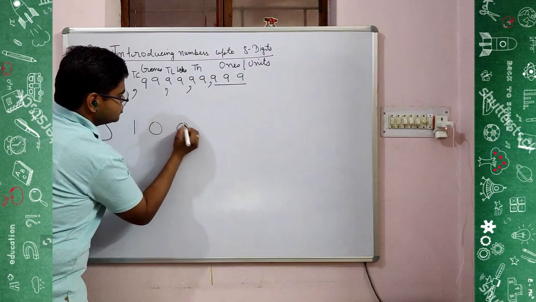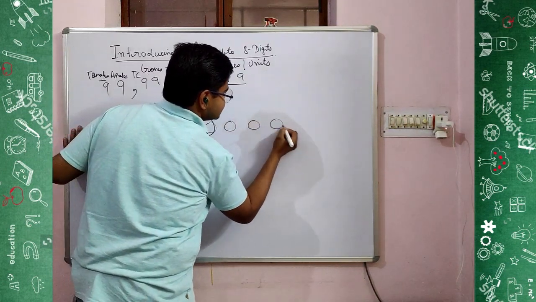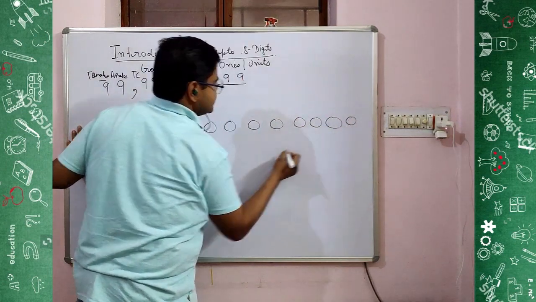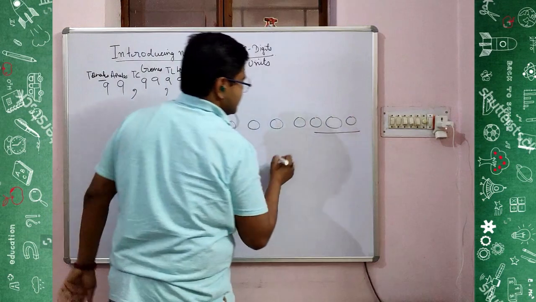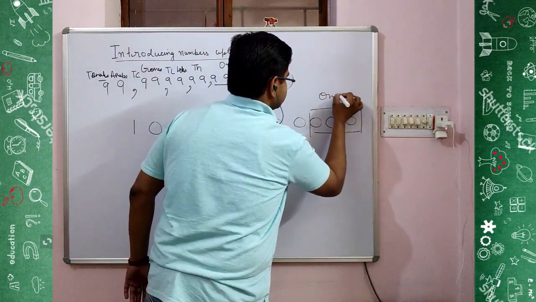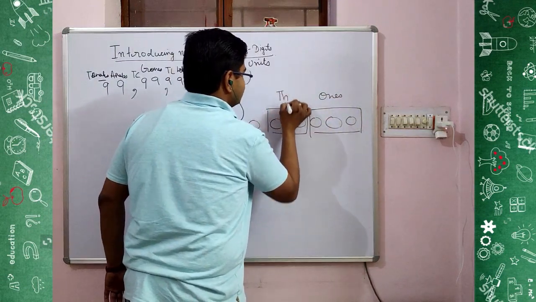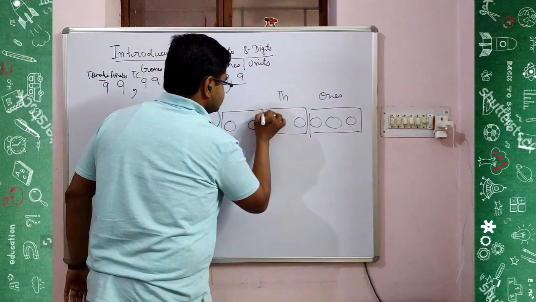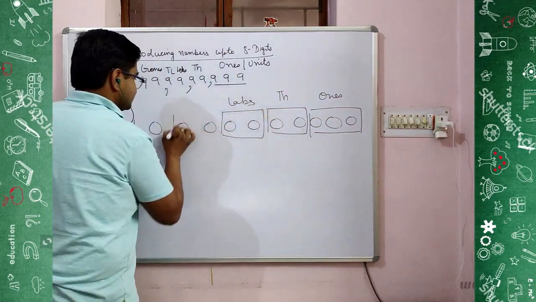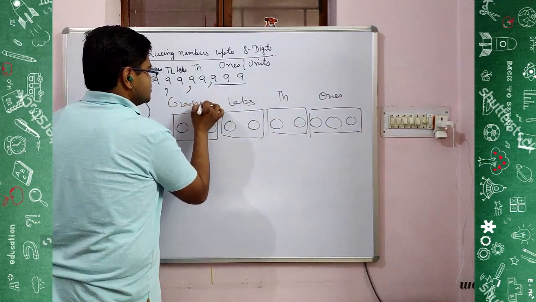So 1 followed by 10 zeros. These three zeros are called ones period. These two zeros are called thousand. These two zeros are called lakhs. These two zeros are called crores.